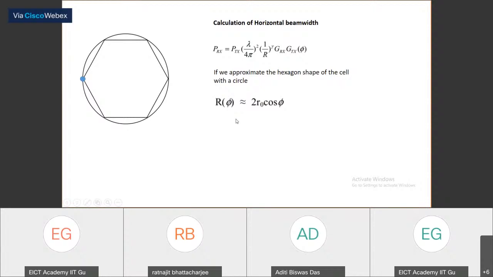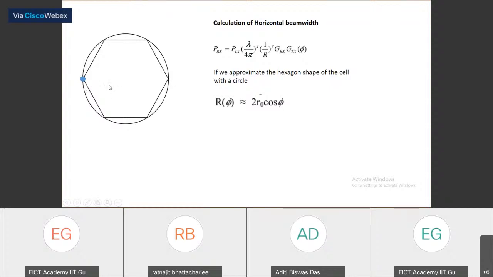So, as I told, this distance can now be written as 2 R0 cos phi, where phi is the angle measured with respect to this. Now you can see that when phi is equal to 0, you have this dimension 2r.